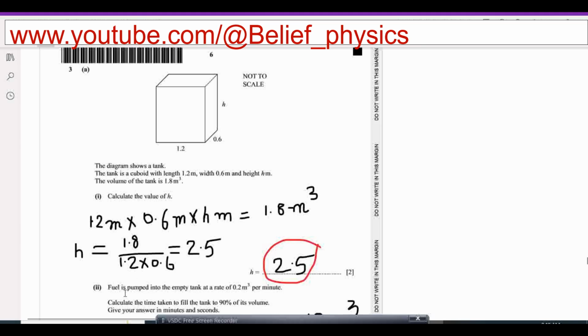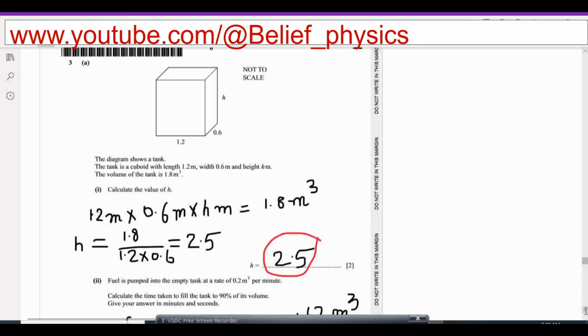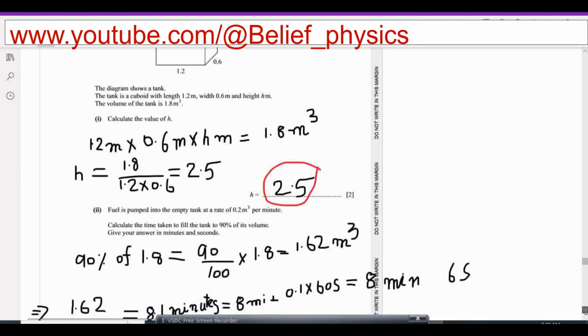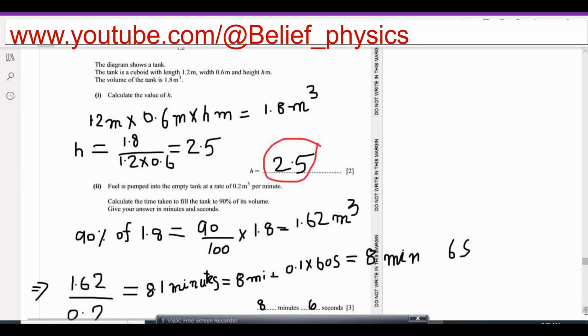Question is, fuel is pumped into the empty tank at the rate of 0.25 meter cubes per minute. That is, every minute the fuel is pumped at 0.25 meter cube per minute. So if we have to fill the tank by 90%, we have to find the time. So time is equal to total volume divided by rate.